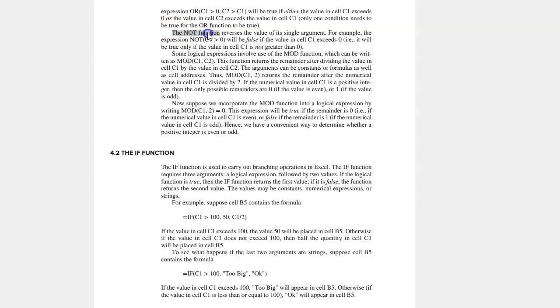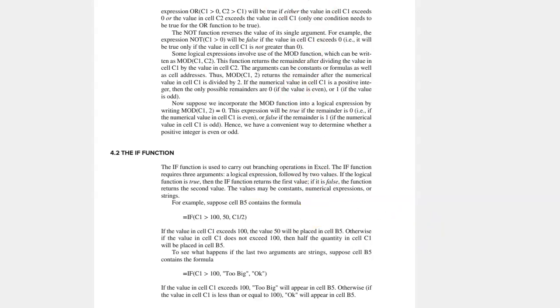The NOT function is a little trickier. It reverses the value of its single argument. So the NOT function will state that if C1 is greater than 0, it'll be false. If C1 is not greater than 0, it'll be true. Okay, so we got that squared away.